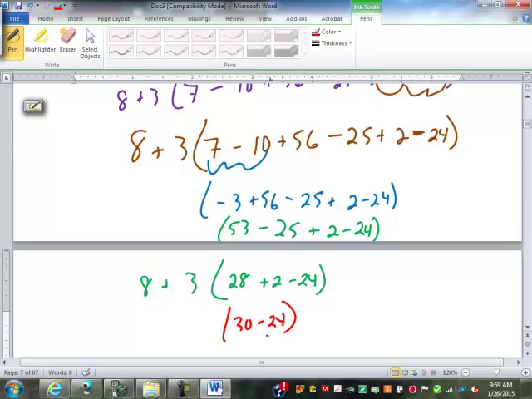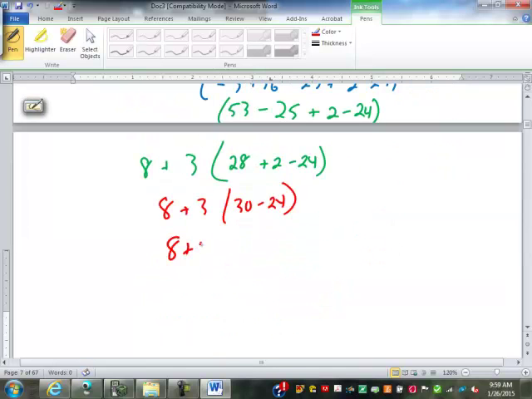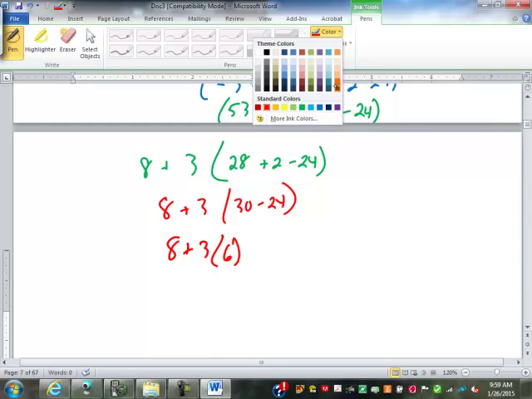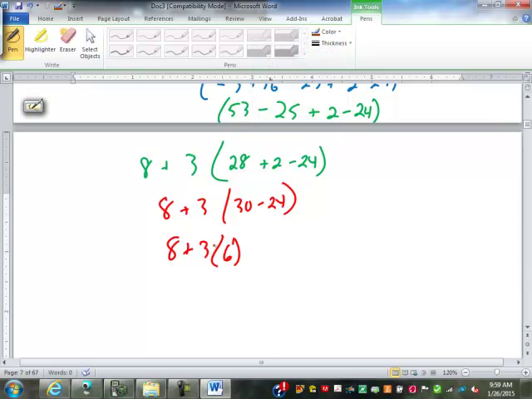Minus 24 is 6. And what? Is it 3 times 6? Yeah, we take out the parentheses and put in the times. So 3 times 6 would be 18. So 8 plus 18 is 26.